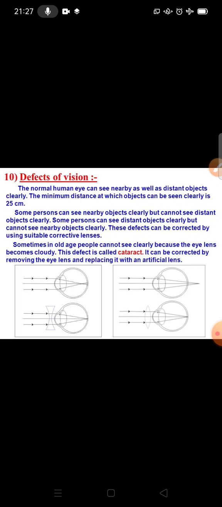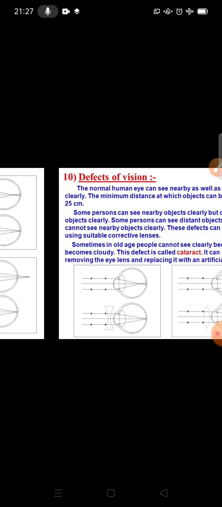This defect is found in old age people, and it can be corrected by removing the eye lens and replacing it with an artificial lens.